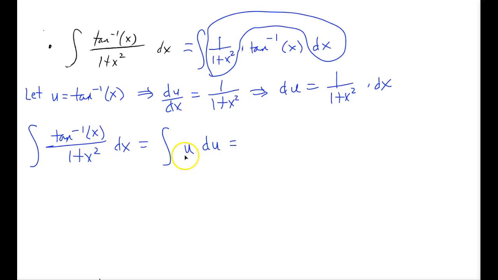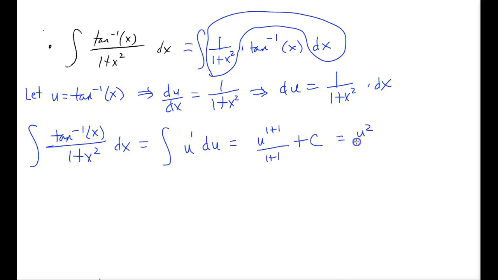So now if we take the antiderivative of u, which is u to the 1 here, that would be u to the 1 plus 1 divided by 1 plus 1, and then plus c because we have no limits of integration.